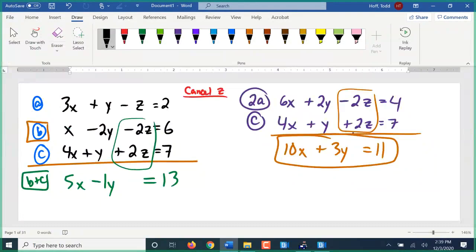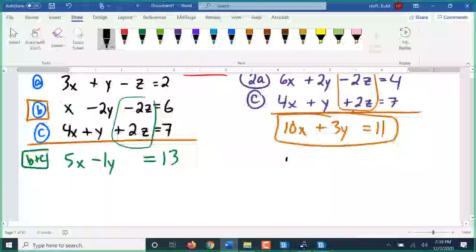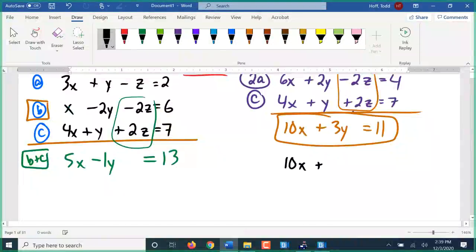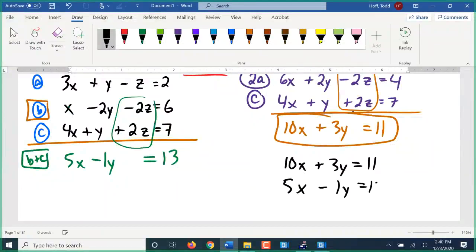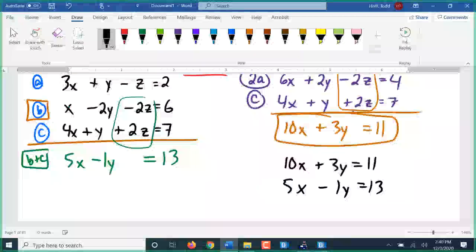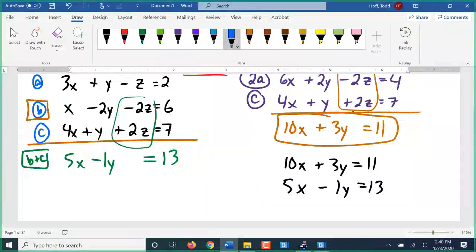So here is my two variable system. 10x plus 3y equals 11. 5x minus 1y equals 13. Now, since these are both combinations of other equations, I'm going to relabel them equation D and E here.